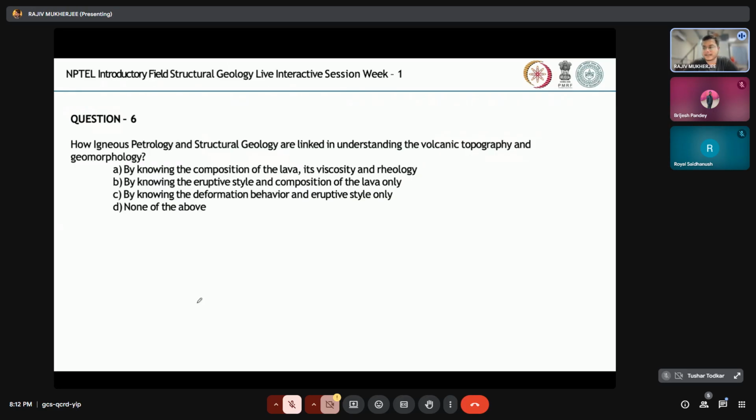We just discussed this phenomenon earlier, right? In another question about the fissure eruption. So I guess you can guess what will be the right answer.